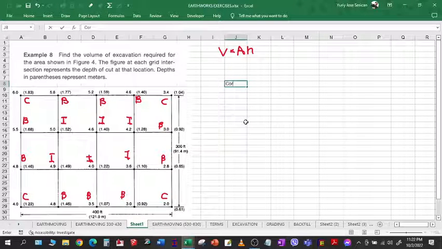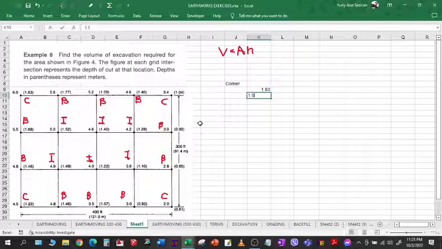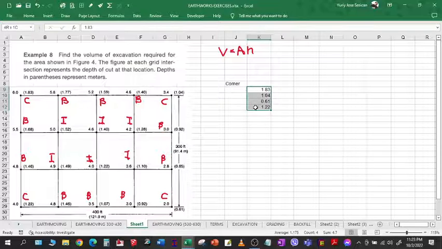So for the corner, let's say 1.83 meters starting here, then 1.04, then 0.61, then 1.22. Okay, so there are only 4 corner points.